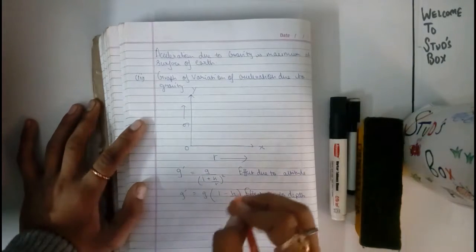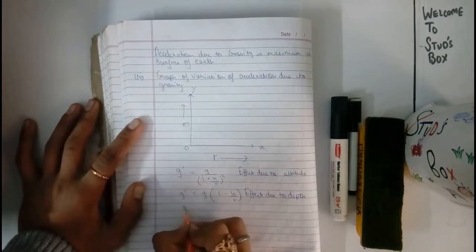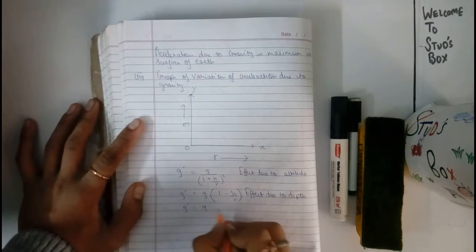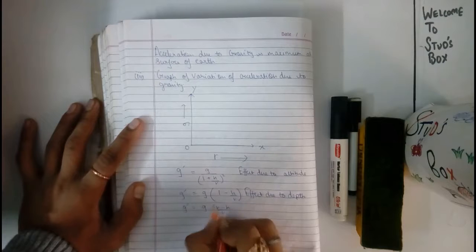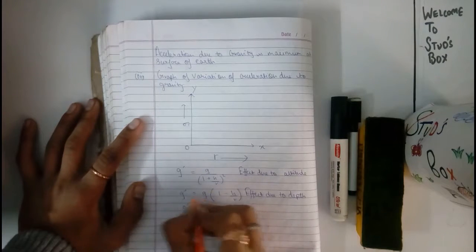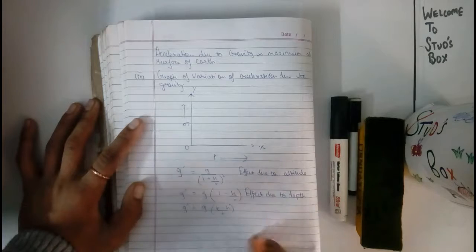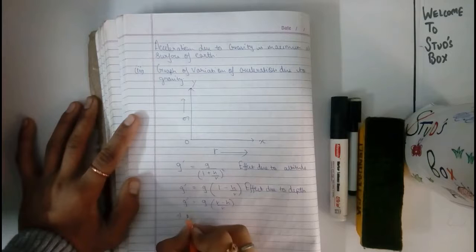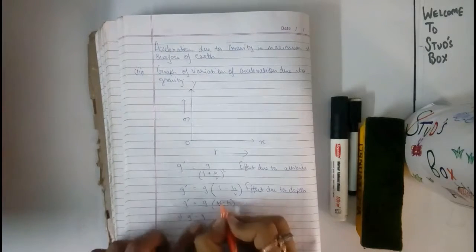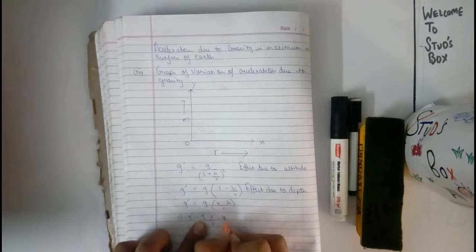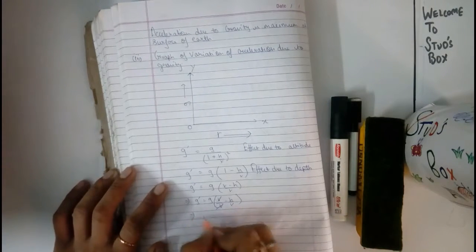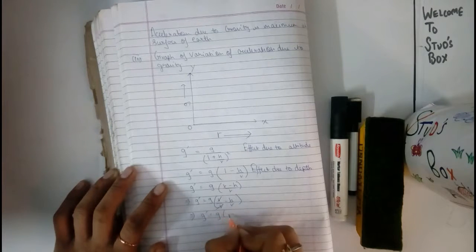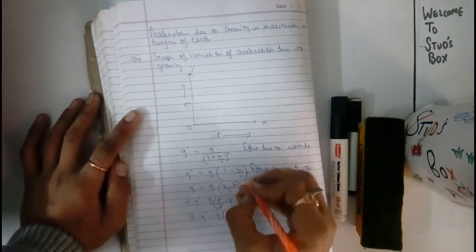You must be thinking, I said before that g' equals g (r minus h) by r, so how did we get this form? They are basically the same. What we have done is divide by r, that is r by r minus h by r, and this cancels out, resulting in g' equals g (1 minus h by r) only. So they are the same thing.